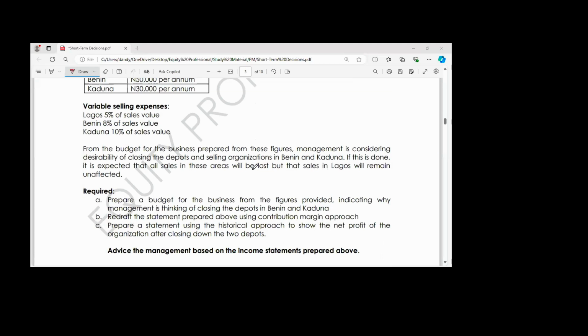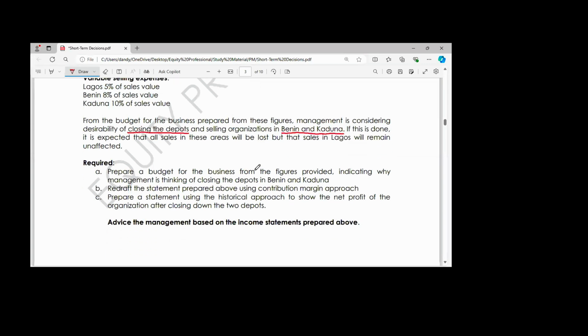From the budget for the business prepared from these figures, management is considering the desirability of closing the depots and selling organizations in Benin and Kaduna. If this is done, it is expected that all sales in these areas will be lost, but that sales in Lagos will remain unaffected.